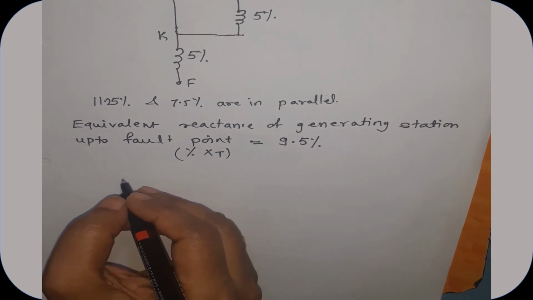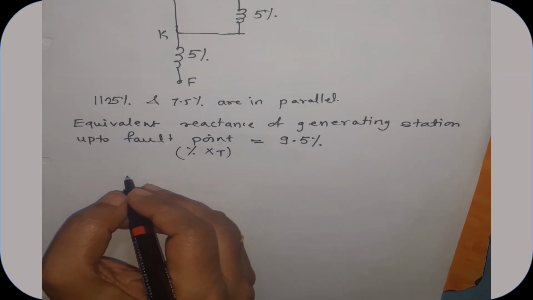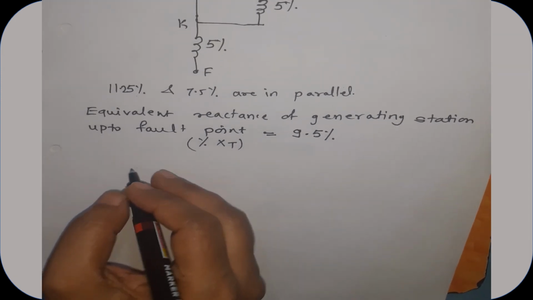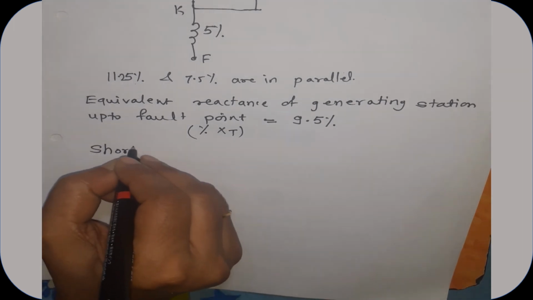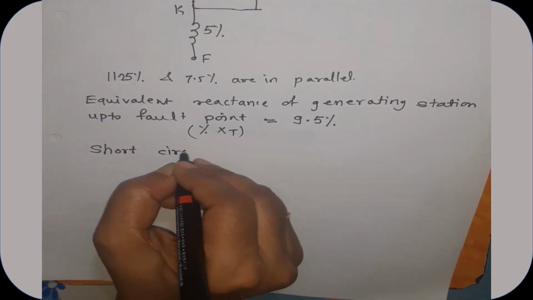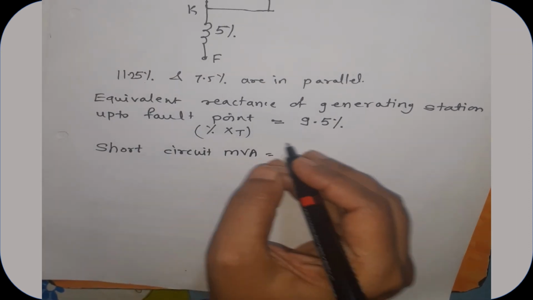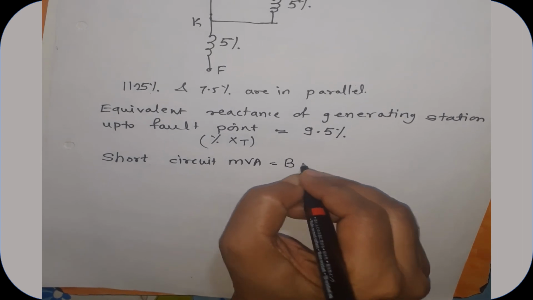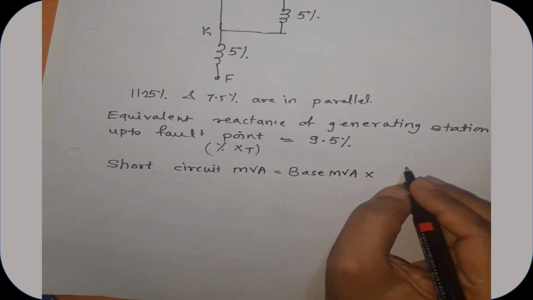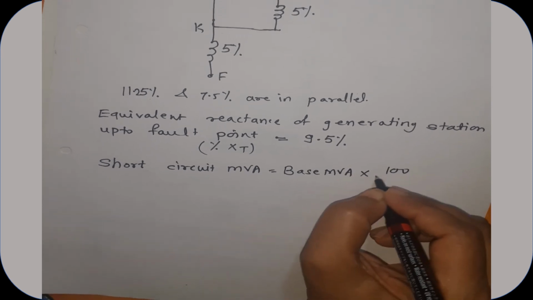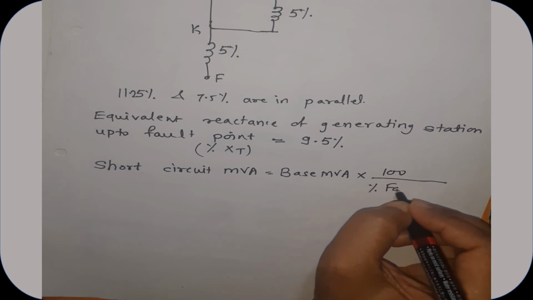So the next step is finding the short circuit MVA. What is the formula for that? Short circuit MVA is equal to base MVA into 100 divided by percentage fault reactance.